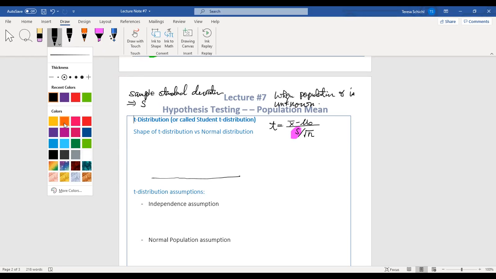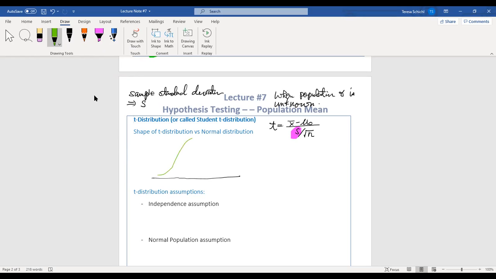So let's say this is my normal distribution, a bell-shaped normal distribution. So what is the t distribution? Okay, so it's symmetric and kind of bell-shaped.